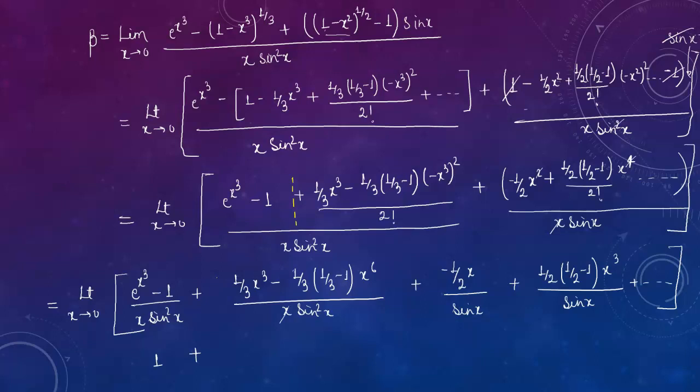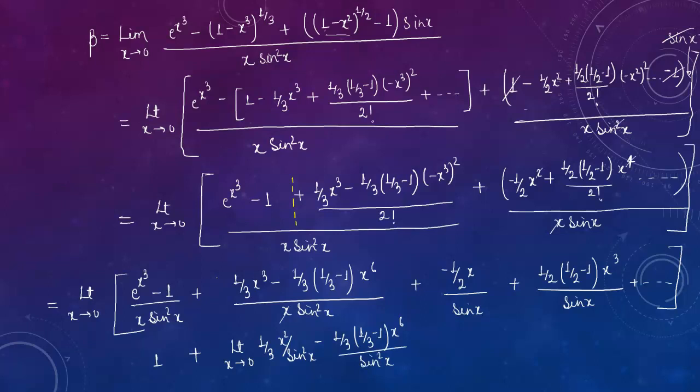So you will be getting that this will be limit x tending to 0, 1 upon 3 x square by sin square x, minus 1 upon 3 into 1 upon 3 minus 1 x to the power 6 upon sin square x.